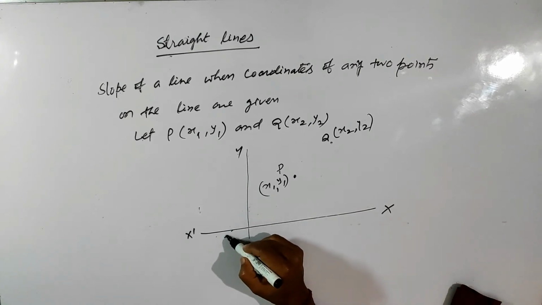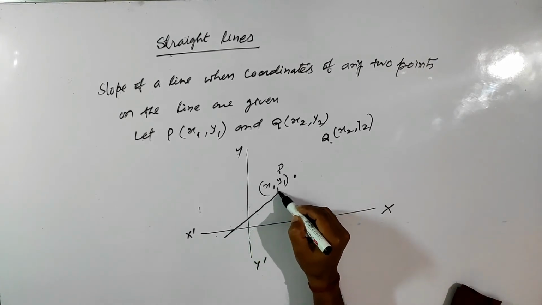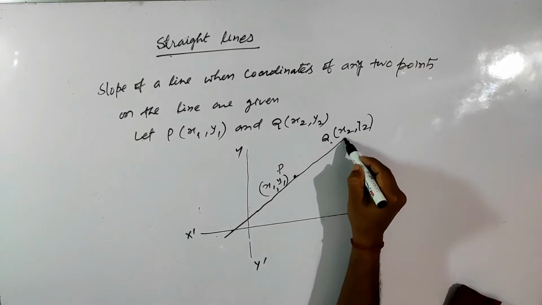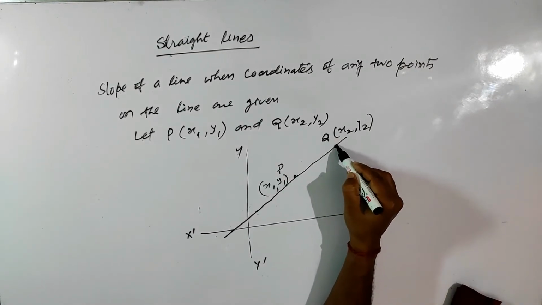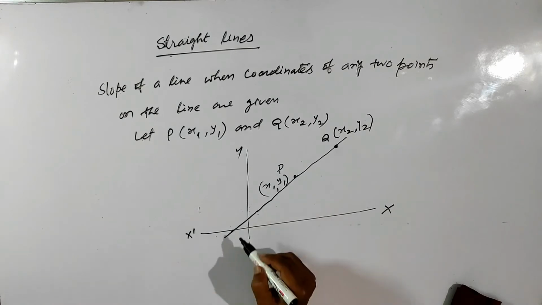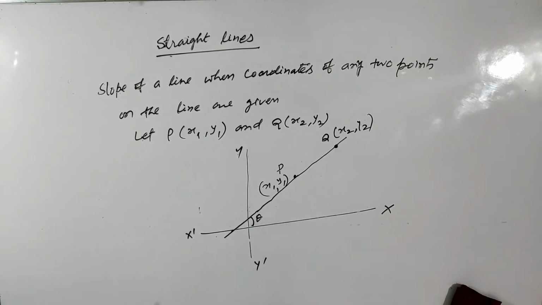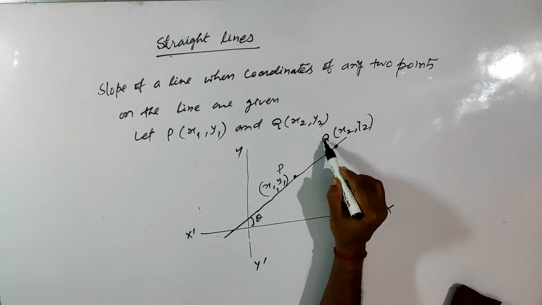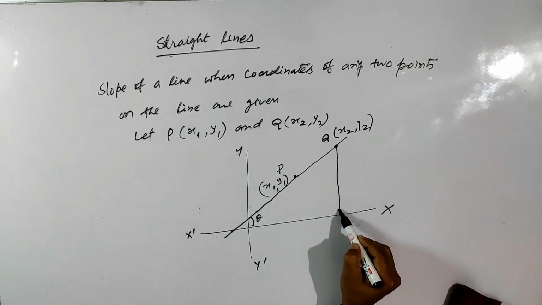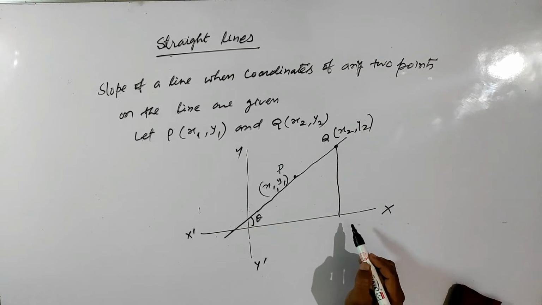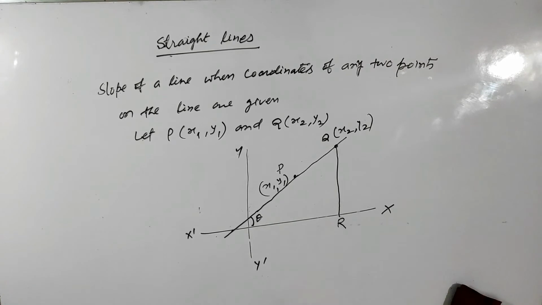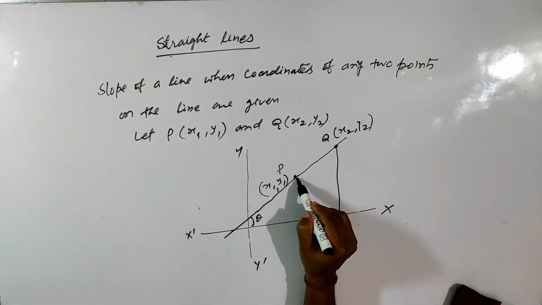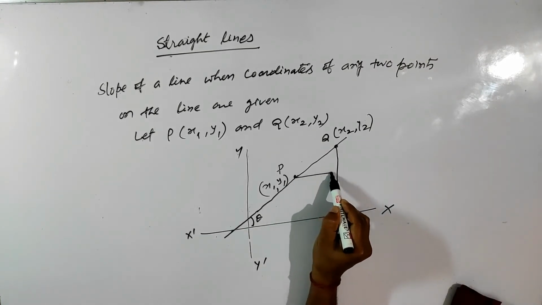Join the points. Consider here point Q, this angle theta. Now draw the perpendicular from the point Q on the x-axis and consider the point R, and draw a perpendicular from the point P to QR.